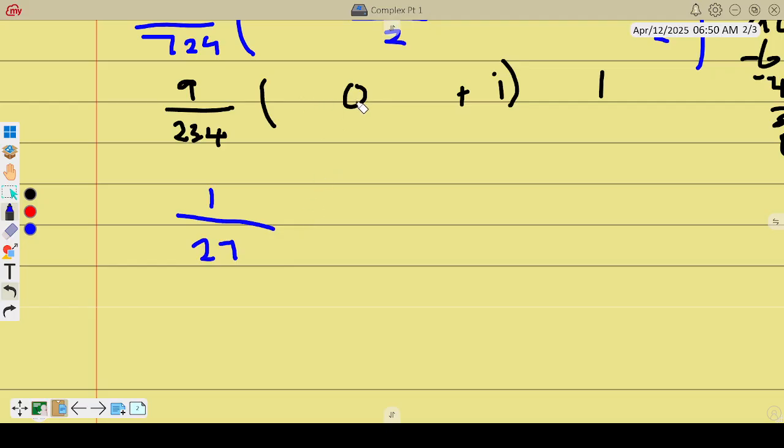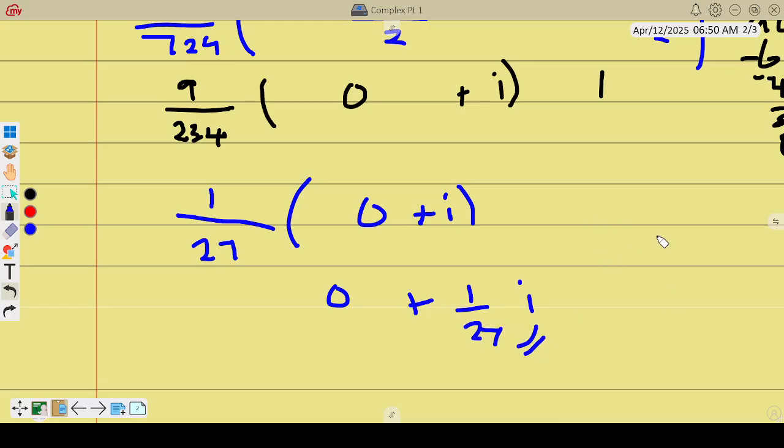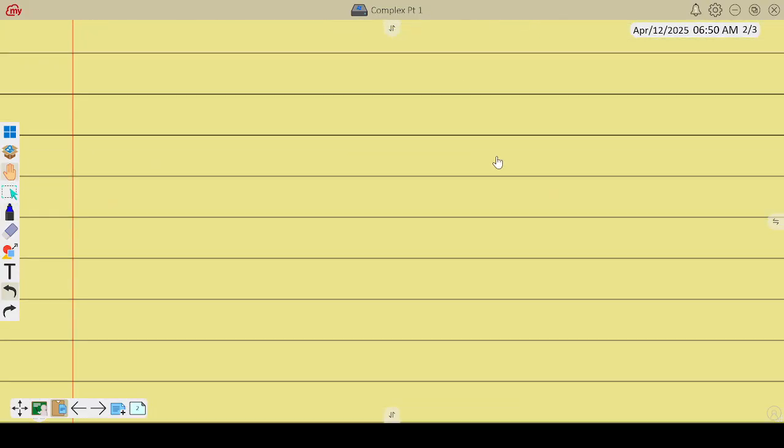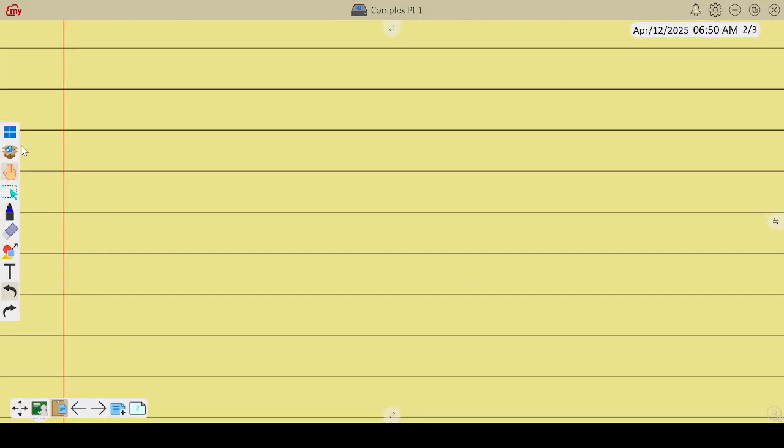So this times 0, it is just 0. And then 1 over 27i. So this is the final answer. Is there another thing that we can do?